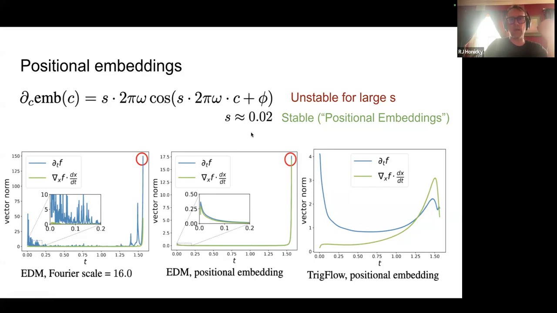So they played with this and I think empirically determined that if we just make this really small, to this value, I don't know where they got 0.02, it basically corresponds to the same positional embeddings that you see in the transformer in Attention Is All You Need. Hopefully that's not so hard. I think they were very hand wavy. So what they say is just set S to 0.02.